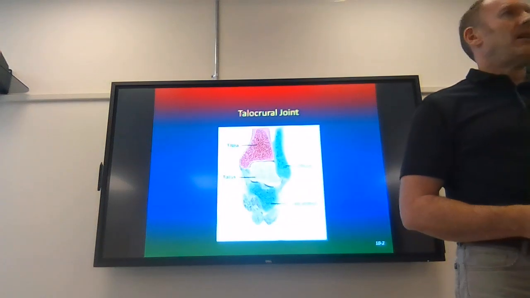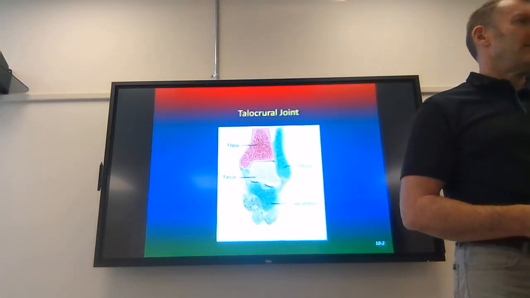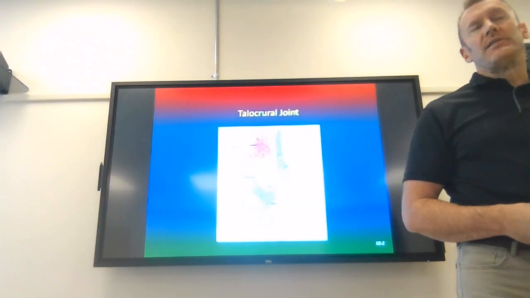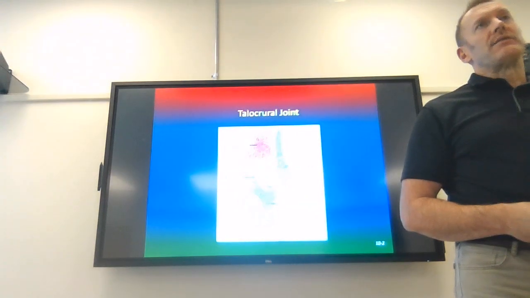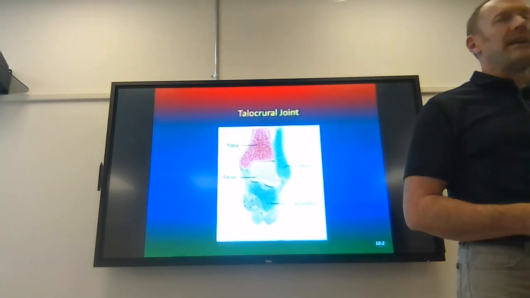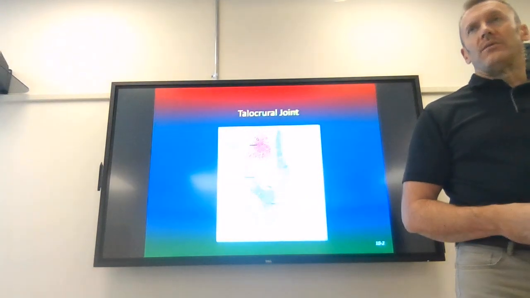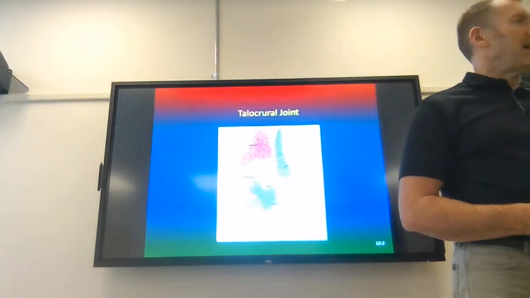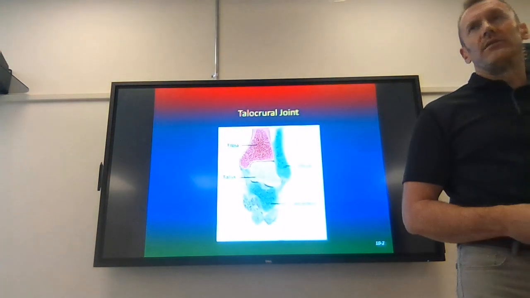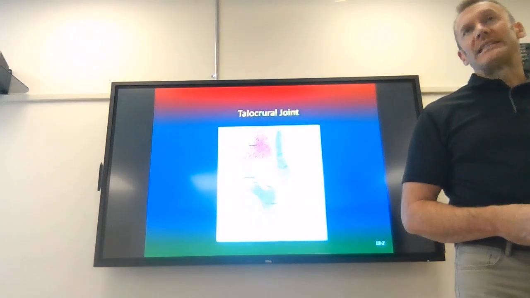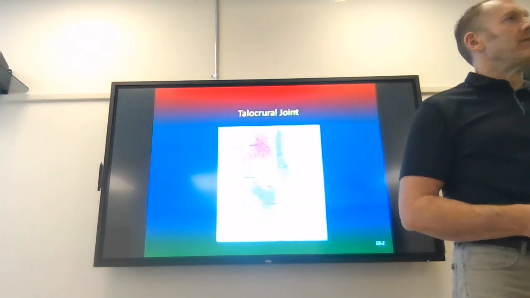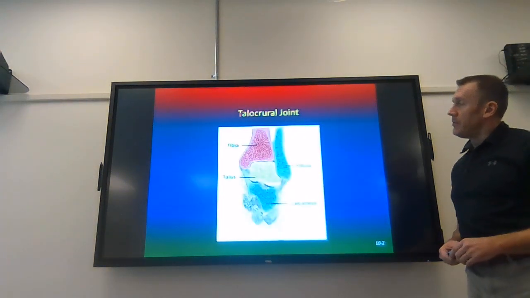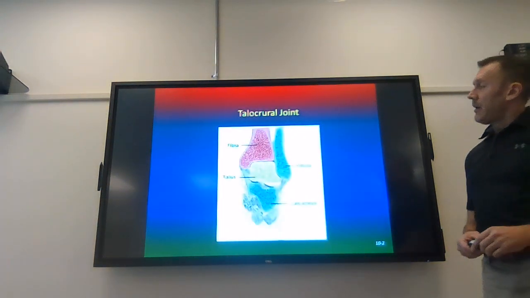So the ankle itself is a ginglymus joint formed by the articulation of 3 bones, so the tibia, fibula, and talus. And so it flexes and extends, and we know that flexion of the ankle is called dorsiflexion. Extension of the ankle is called plantar flexion. So you can see the bones from a posterior view here.